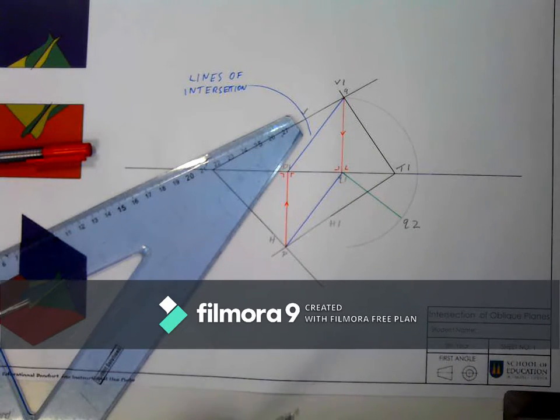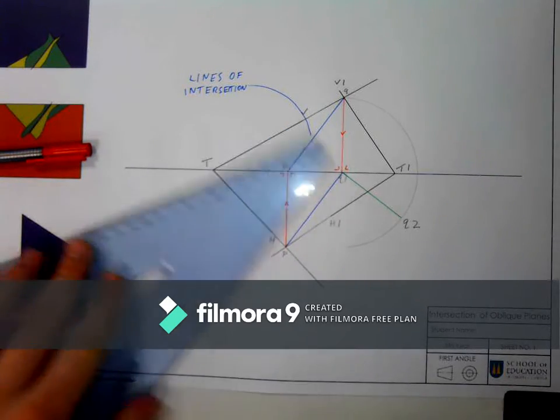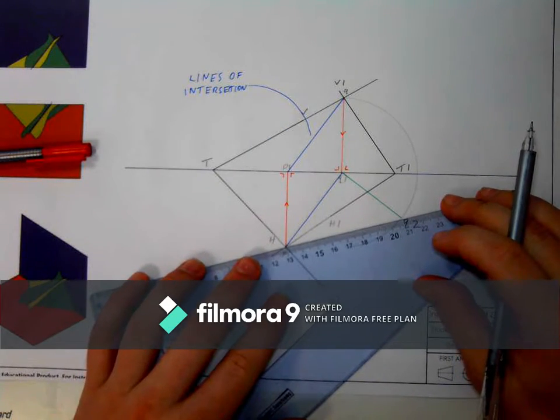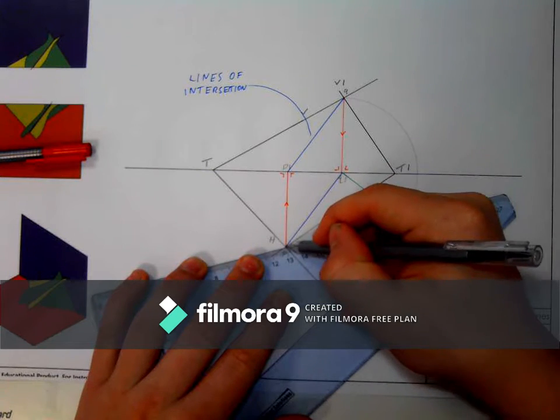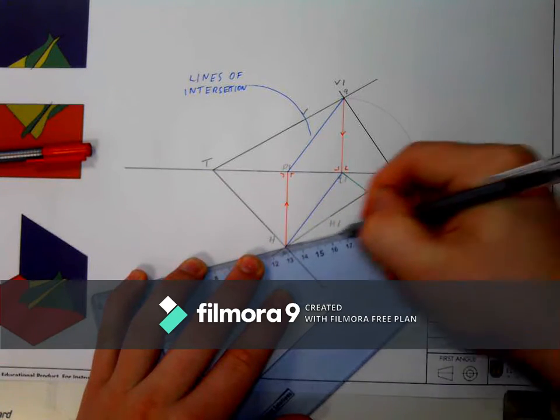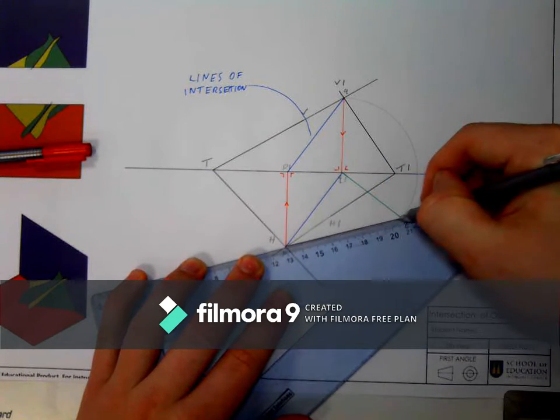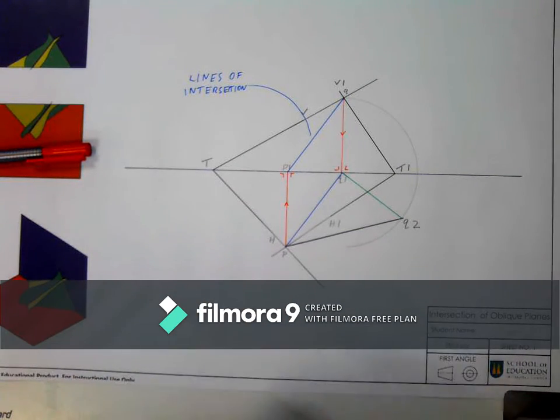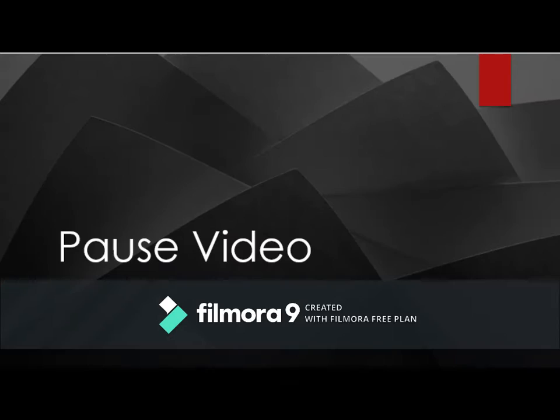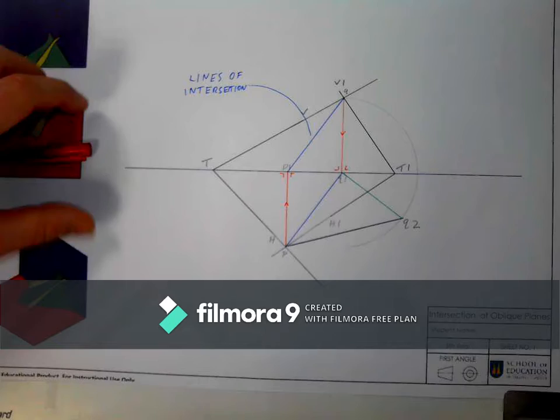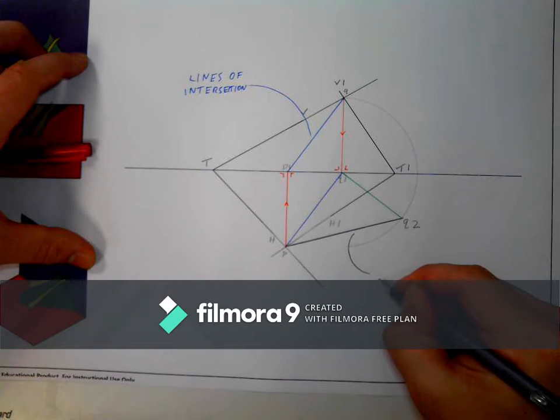So from Q2 to point P, I'm going to join up with a straight edge, like so. What is this new line now? So this line is now our true length.